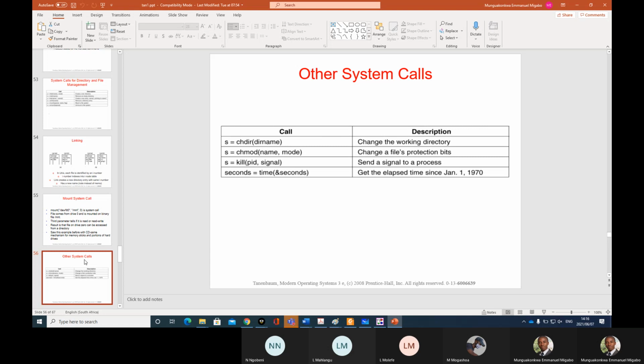Or changing the mode. And this is very important whenever you're trying to change the security of a file, maybe from read only to write, to becoming a read write, so that you can, for example, edit its content. Of course, we also have killing of a process, and that's more at process level.